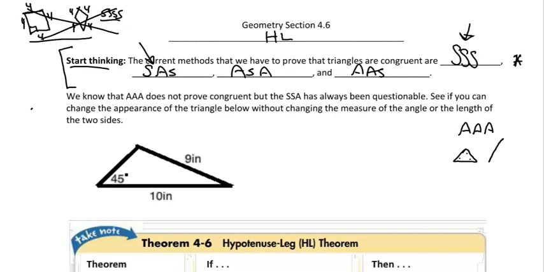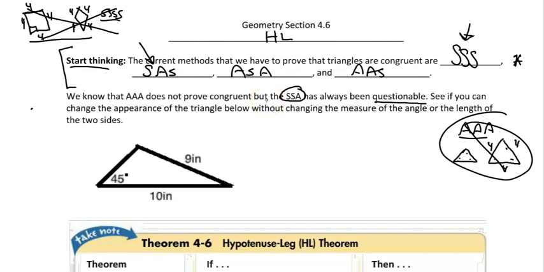And then you could have another one that was 60, 60, 60 and could have sides like 4, 4, and 4. So just knowing the angles is not enough to prove that two triangles are congruent. Now we have one that we have not been quite sure about, and that is SSA. So it's kind of been our questionable one.